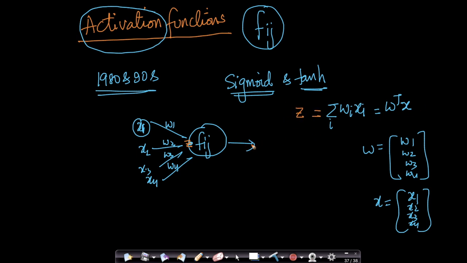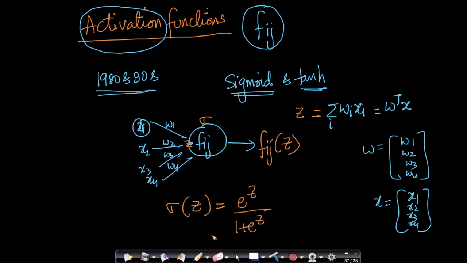So what is the output here? This output here is Fij of z. And what is your Fij? If this is the sigmoid unit, let's represent the sigmoid unit with the sigma sign. The sigmoid of z is nothing but e power z by 1 plus e power z, or you can also write it as 1 by 1 plus e power minus z.